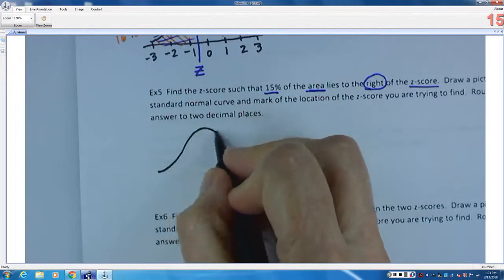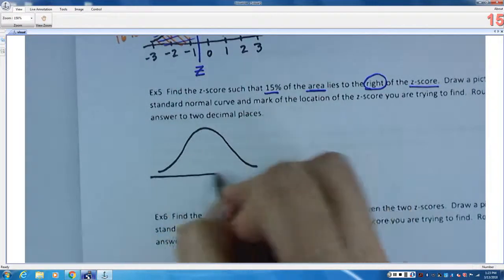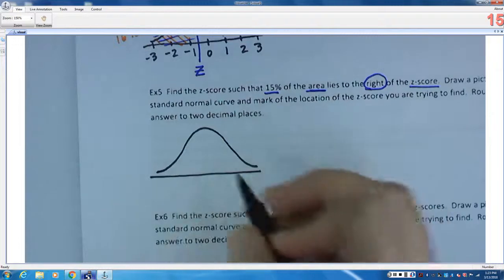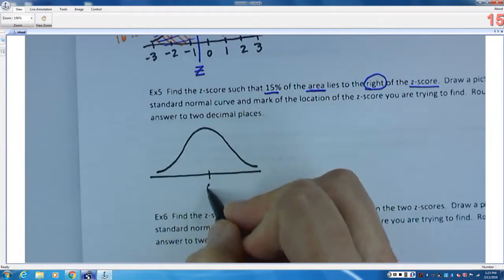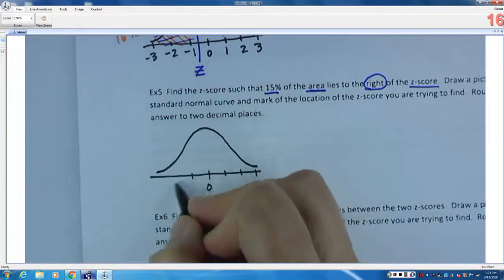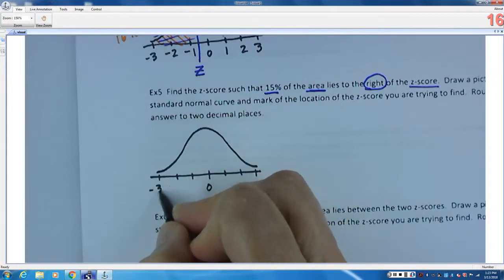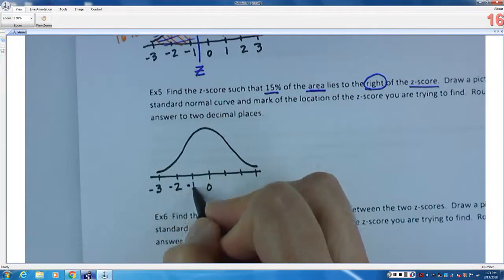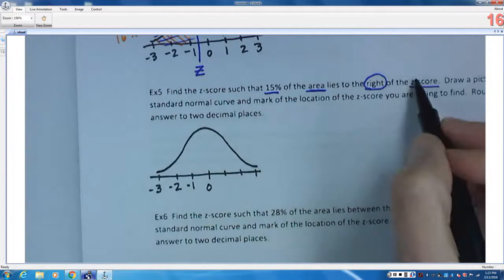Draw the picture. You can take the notes and trace it if you want. At 0, you make about 3 marks each way. It's the standard normal curve because it's talking about z.